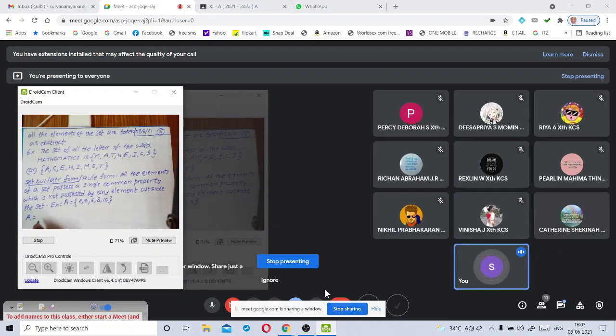Set A is equal to set of all x such that, this is read as set of all x such that x is an even number. Yes or no? Every element is an even number.